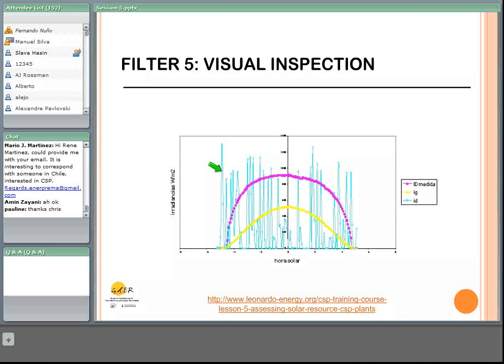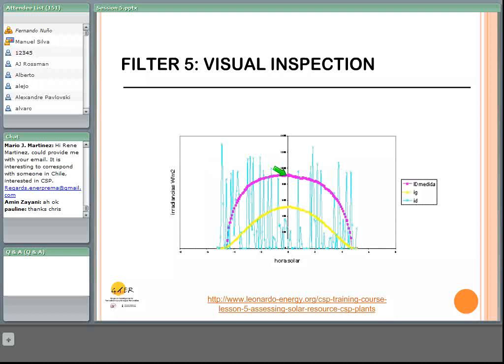Probably there was a problem with the connection of the pyranometer to the data logger or something like that. The other 2 curves are quite good in principle. As you can see, this is the typical shape of the beam irradiance. In this case, it's almost 900 watts per square meter at noon, or close to that value.